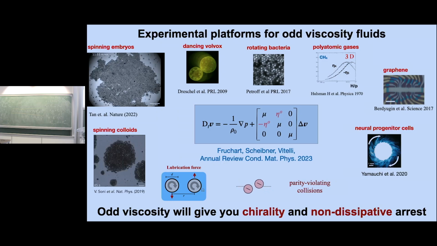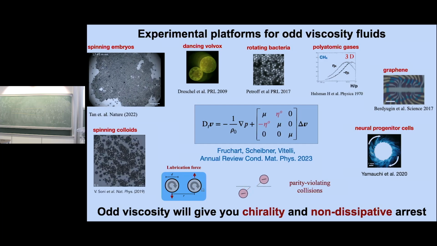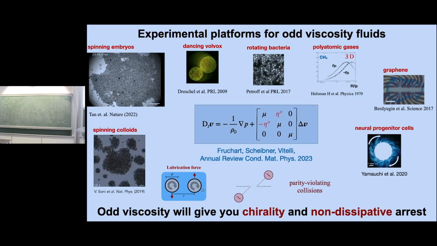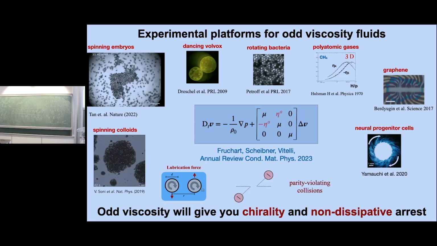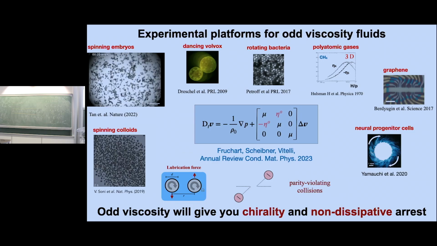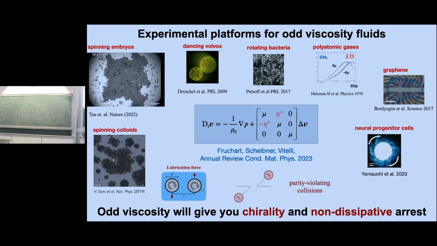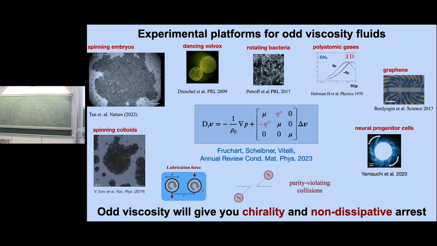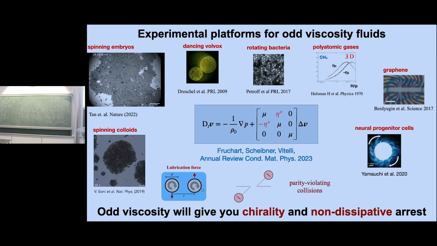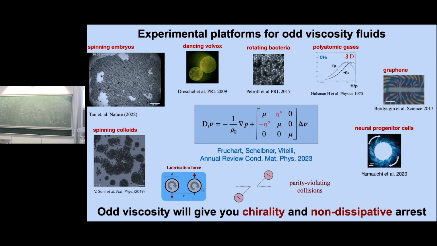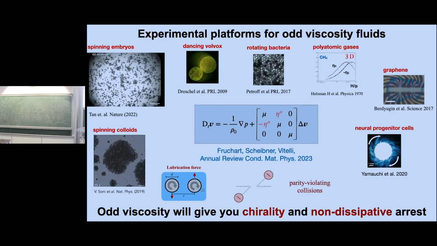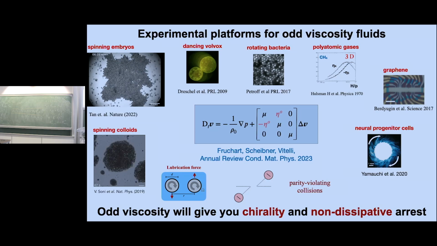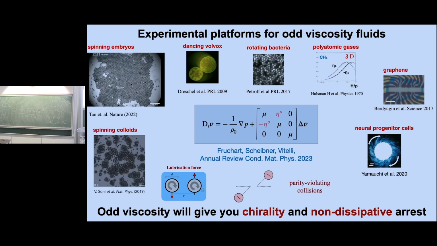That collision will violate parity, meaning that even if the two particles hit each other head-on, they will recoil at an angle. In kinetic theory you can directly relate this non-vanishing recoil angle to the magnitude of this viscosity coefficient. And with a lot more work, which my student Aaron in the audience is doing, you can also track it down to microscopic parameters of the interaction of these particles. So this is how it arises microscopically, and people have been studying it in many contexts.